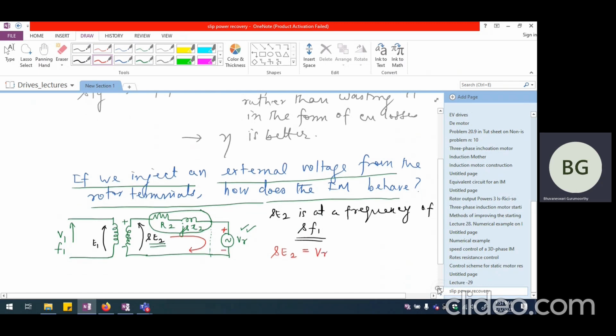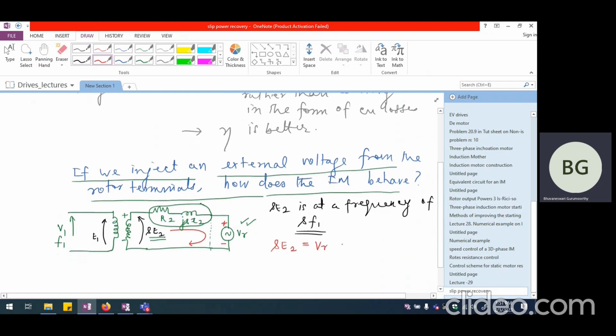And also they should be at the same frequency. The frequency should be the same as that of S times E2. So the frequency should be S times F1. In that case, if these two are equal to each other, and I call this current the rotor current I2, then I2 will be 0.